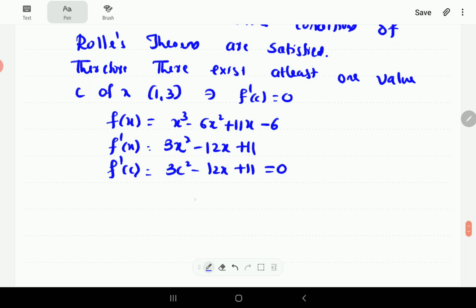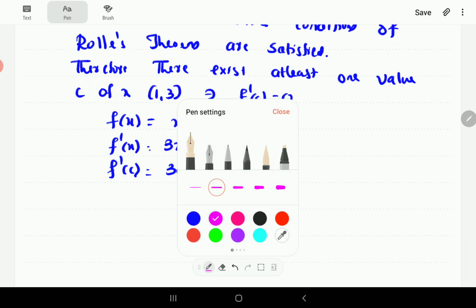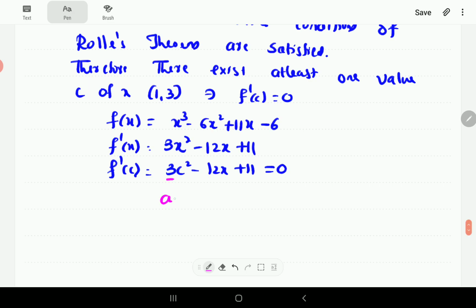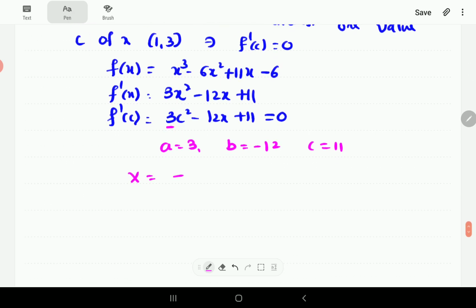Now this, if you see, it is like a quadratic equation where I'll take a equal to 3, b equal to minus 12 and c equal to 11. Then to find the value, we'll use the formula x is equal to minus b plus or minus square root of b square minus 4ac upon 2a.